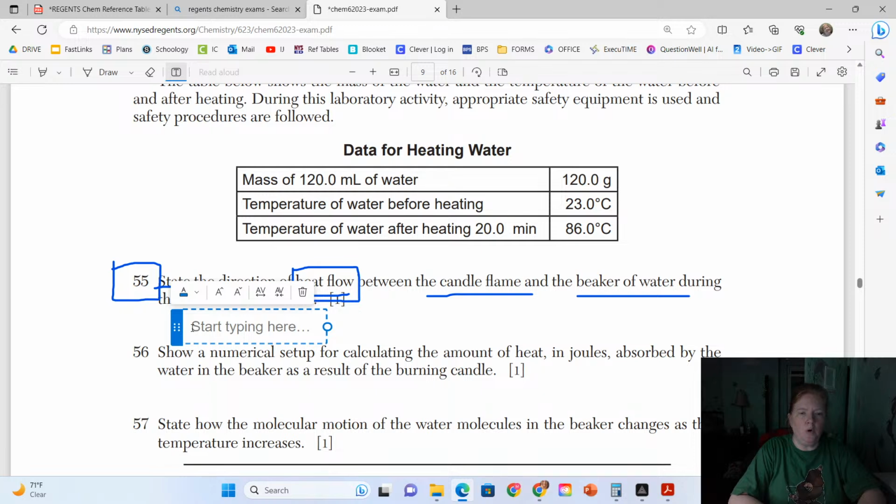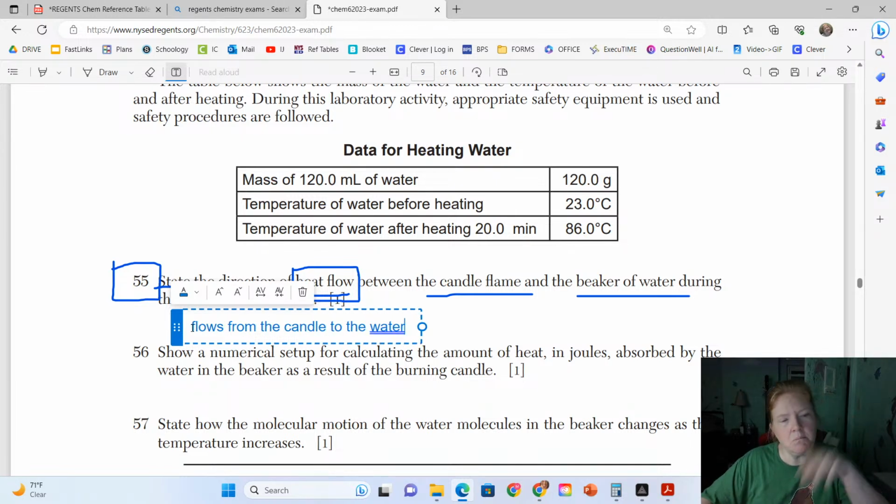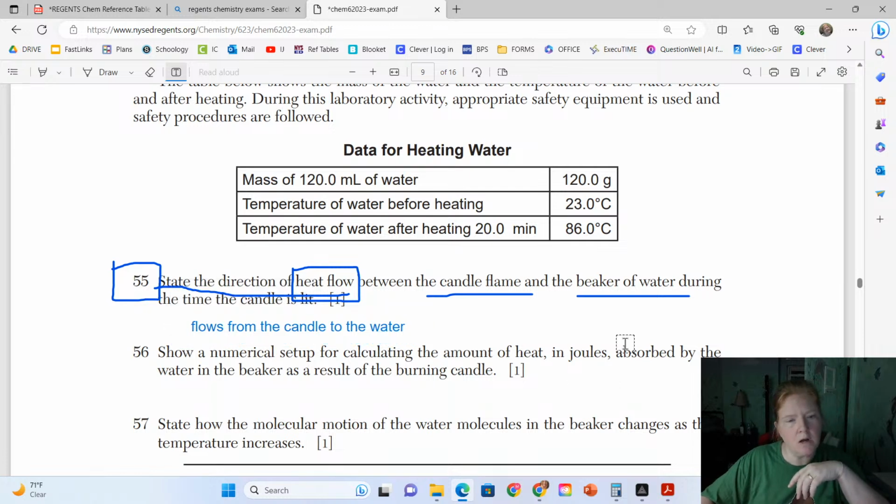Okay. So since the candle flame is warmer, it flows from the candle to the water. So you could say from the flame to the beaker, from the candle to the water, from the candle flame to the beaker, from the candle flame to the water, something along those lines. Do not say it flows up, down, sideways, left, right, north, south.